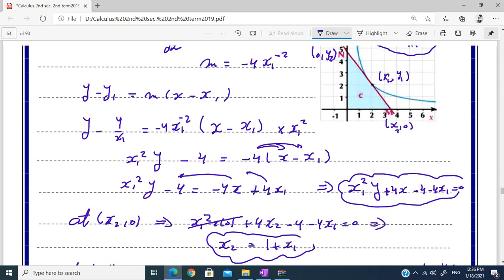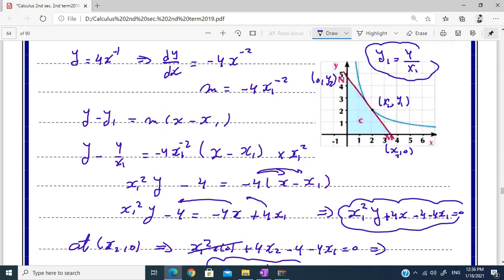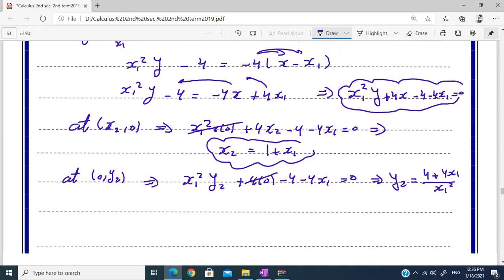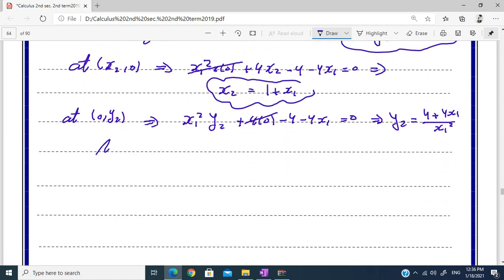The area of the triangle equals half times base times height. So this distance is x2 and this distance is y2. So the area of the triangle equals half times x2 times y2.